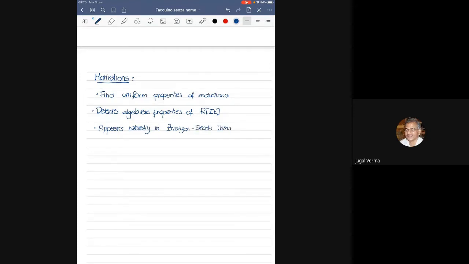Actually, I would say that the Briançon-Skoda theorem is really a theorem on the core, and then it is connected to the adjoint, also known as the multiplier ideal, and then it plays a role in one of the conjectures of Kawamata by work of Eisenstein and Smith. And we'll talk, maybe, I don't know if we have time, about this more later.